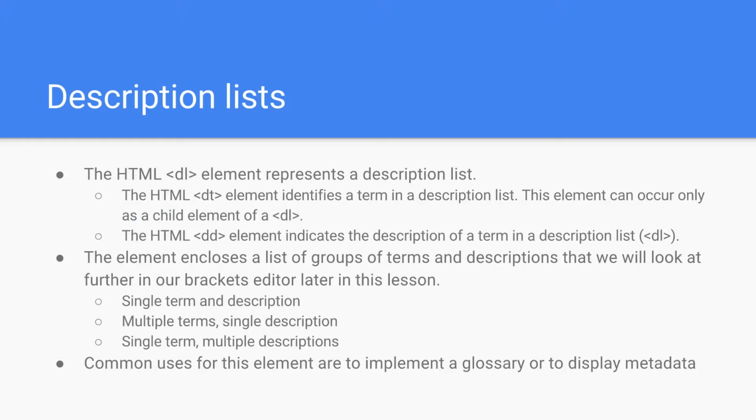The element encloses a list of groups of terms and descriptions that we will look at further in our Brackets editor later in this lesson. Single term and description, multiple terms, single description, single term, multiple descriptions. Common uses for this element are to implement a glossary or to display metadata.